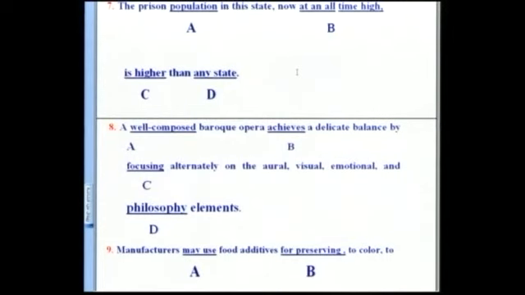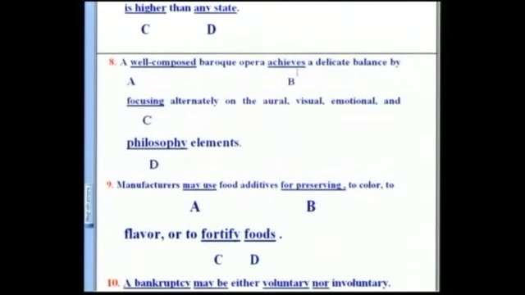Let's look at number 8. A well-composed Baroque opera achieves a delicate type. A well-composed Baroque opera achieves, so the verb here is correct, singular and singular. A well-composed Baroque opera achieves a delicate balance by focusing alternately.